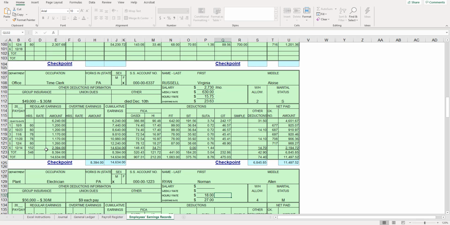Because that was her last check, that completes her employee earnings record. There are some check figures. What's nice is when you click on them, you'll see that yellow box tell you what that check figure is for. I went ahead and filled in those check figures. It's for the yearly total, and then the other checkpoint is for this quarter total.